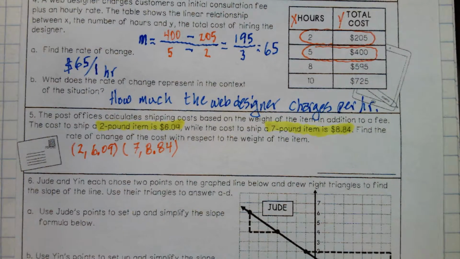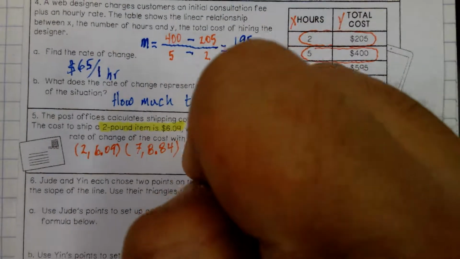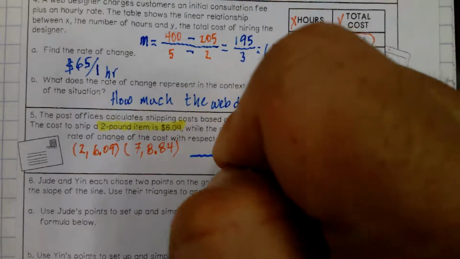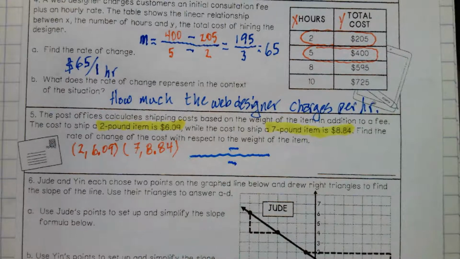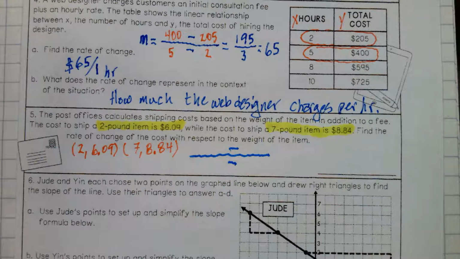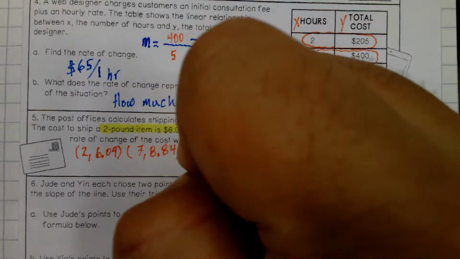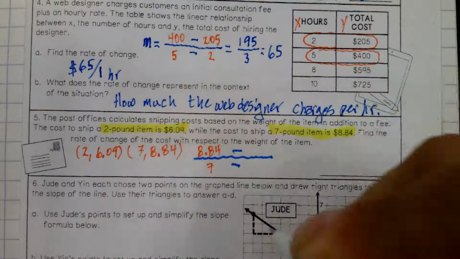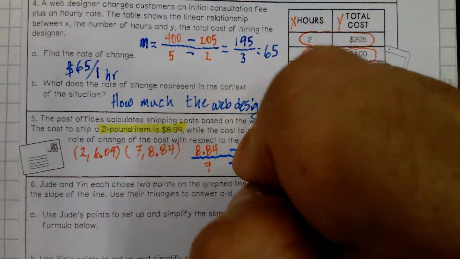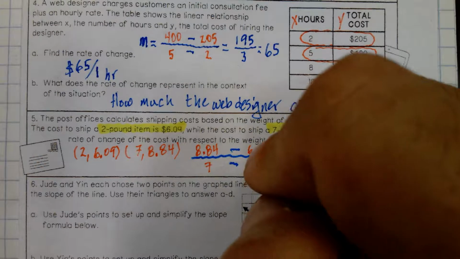So let's set up the formula to get the rate of change. Notice how sometimes they call it slope and sometimes they call it rate of change. Remember we said that they mean the same thing. Okay, so let's set this up. $8.84 over 7, minus $6.09 over 2.